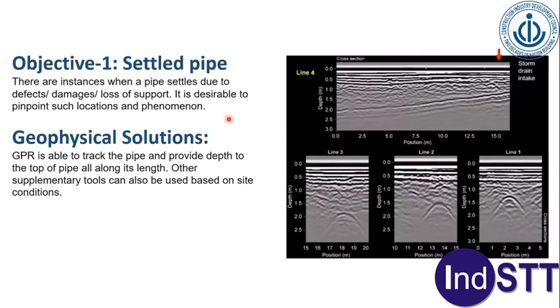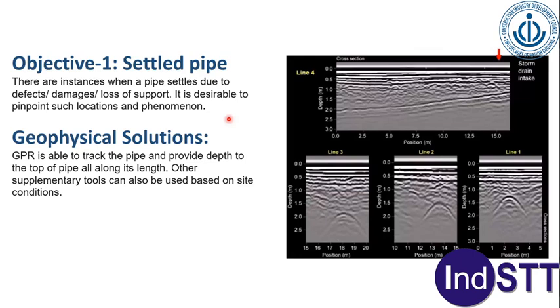For example, this is one very good example: a storm drain intake, and the GPR has been done all along the storm drain, and you can see how it is dipping from one end to the other. These are the cross sections. You see the depth here. Depth here is greater and depth here is greatest. Like this, you are able to track the entire utility from one end to the other and see if there is a settlement of the utility at one particular point.